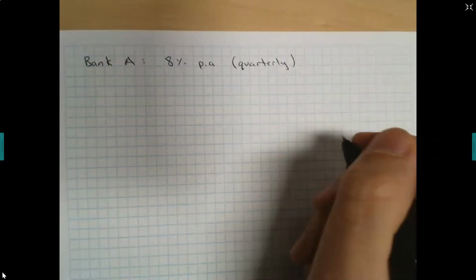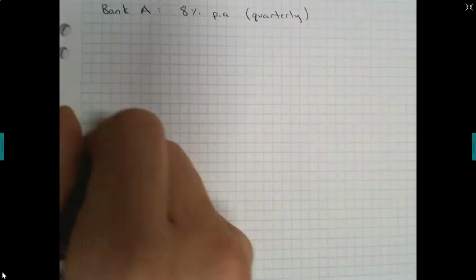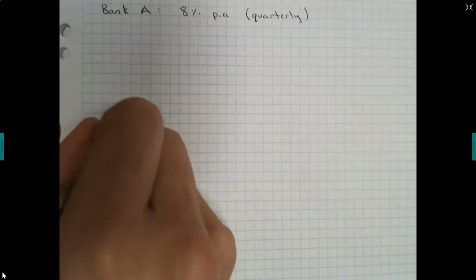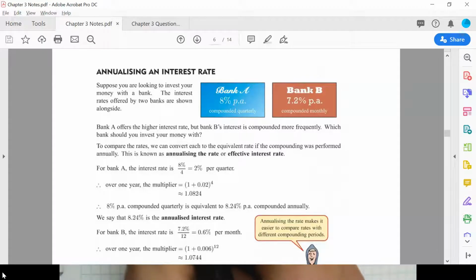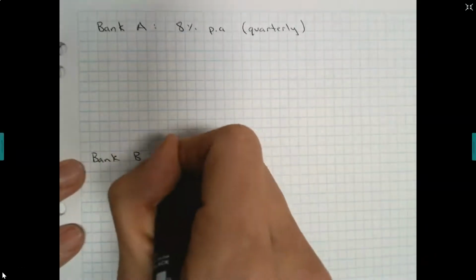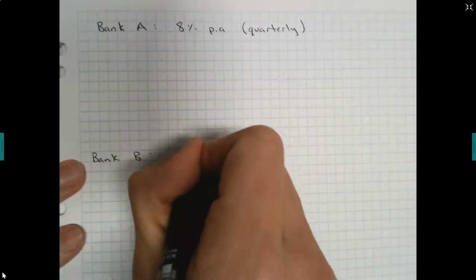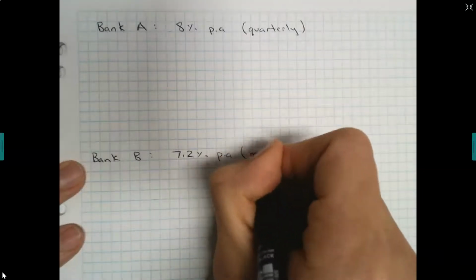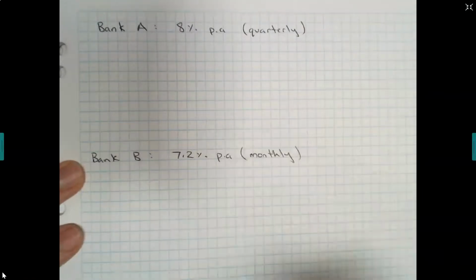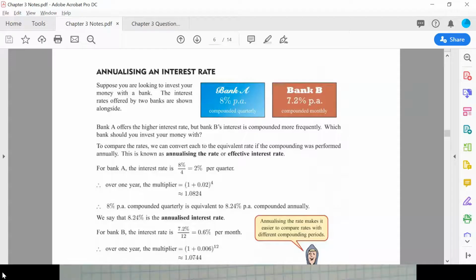And then we have Bank B, which is offering 7.2% per annum, and that is compounded monthly. So we want to determine which of those two would be a better loan to apply for.